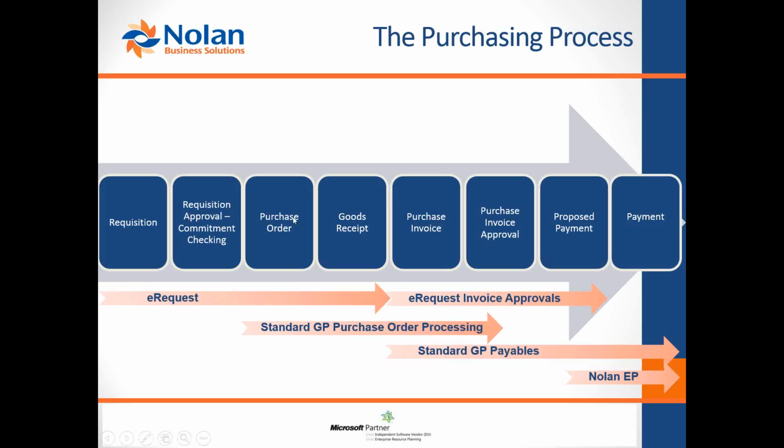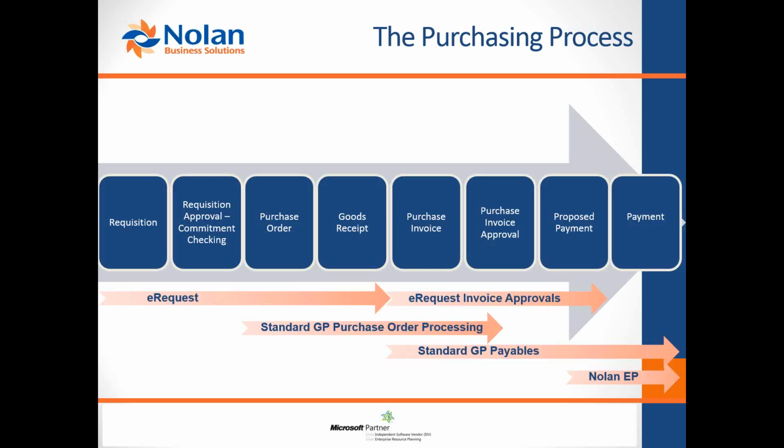And then it creates a purchase order and allows the users of eRequest to enter in receipts of those goods as they come in from the suppliers. So all that part of the system is done via a web browser. It can be done remotely by the users or from their desktops, but using a browser.